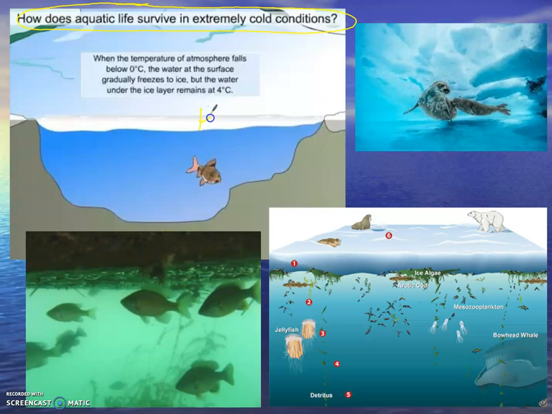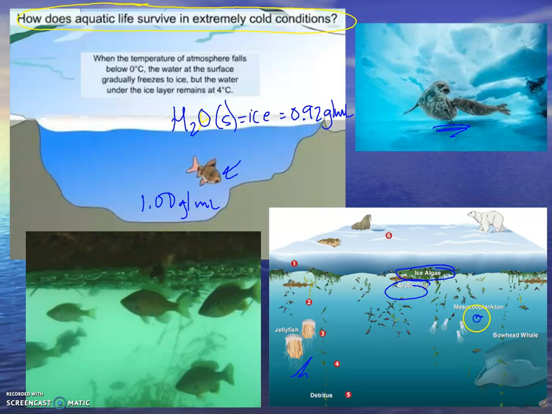So here you have your water molecules, which are going to be solid as ice, and it has a density of 0.92 grams per milliliter. And here you have your water, which is 1. So fishy still can fish, and our seals can still go around, and ice algae and different fish and jellyfish can still live and not die.